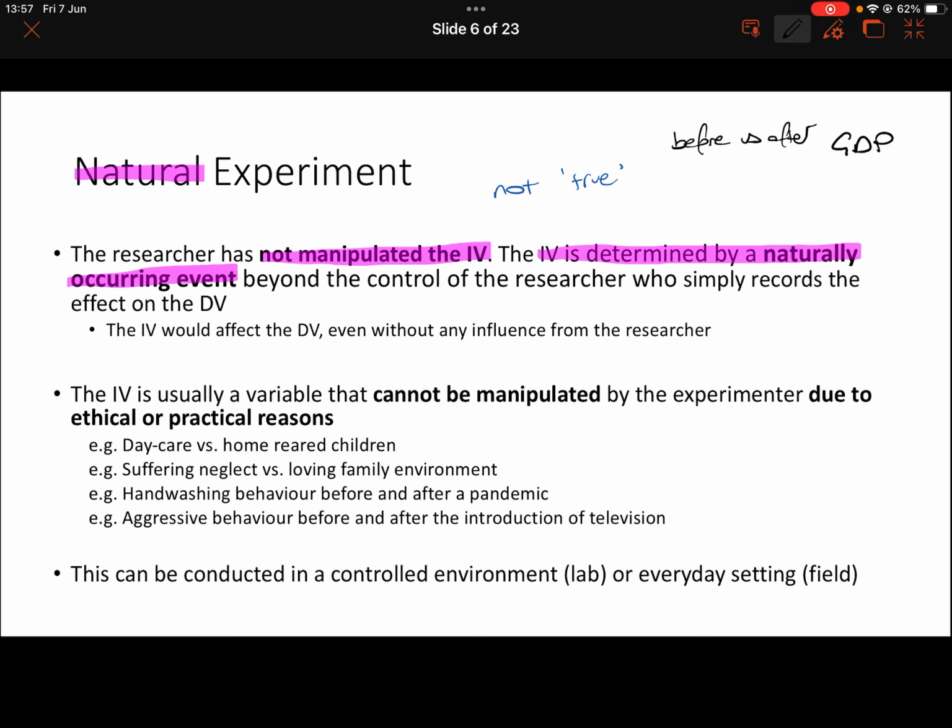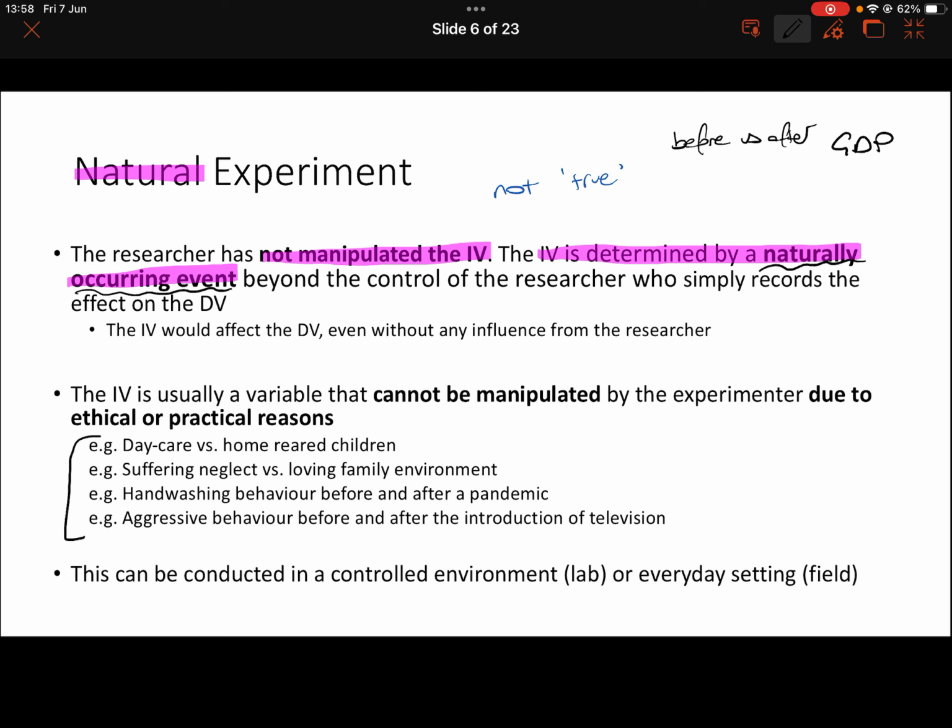It could be, I've got some other examples here, looking at levels of depression in adolescents before and after COVID-19. Right, in that example, the researcher wasn't responsible for bringing about COVID-19. That event was naturally occurring and it would have occurred regardless of the researcher measuring the DV, measuring mental health.